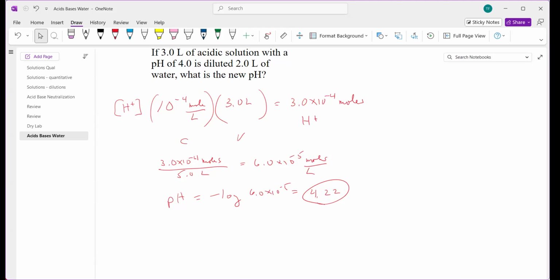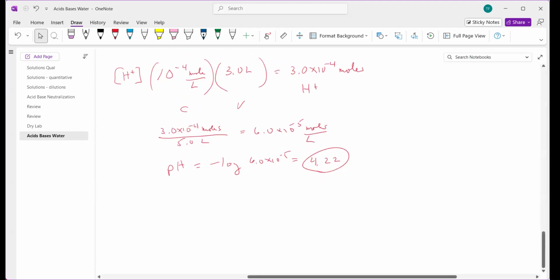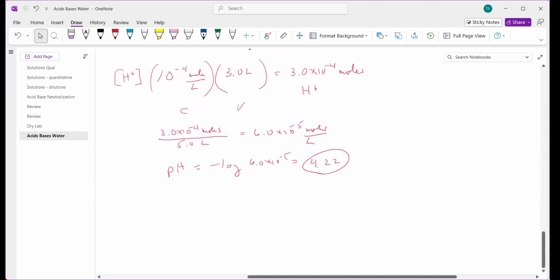Okay, so let's go on. Are there any questions about this problem? This was a tricky problem. Now this is going to be like your take-home problem, something like this. So it'd be 4.2 then. Yes, sig figs all over the place.